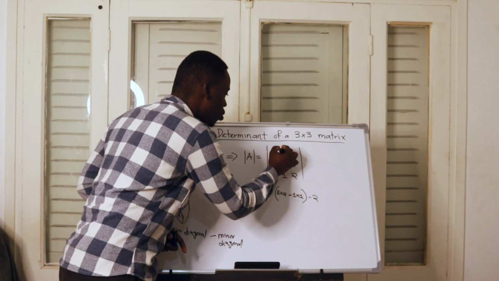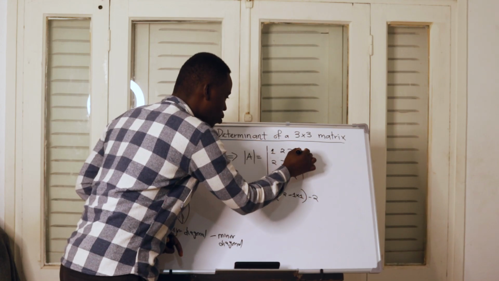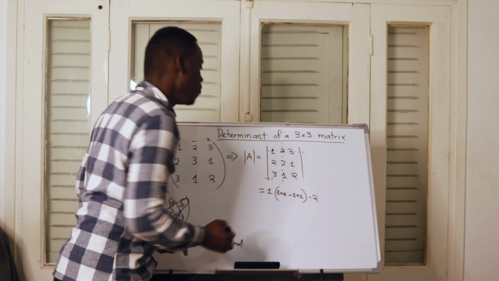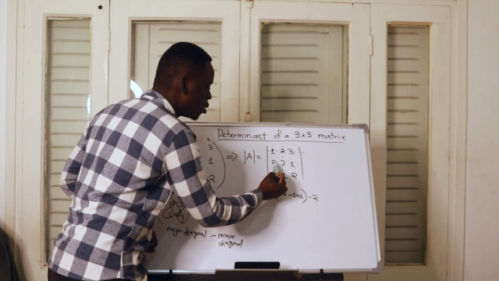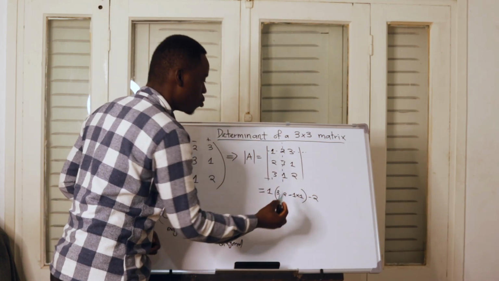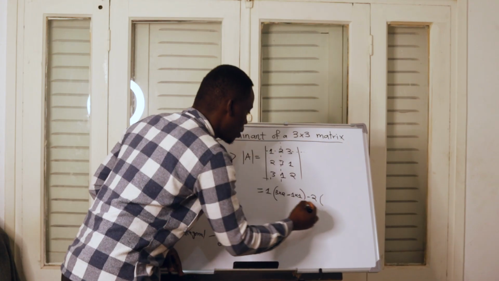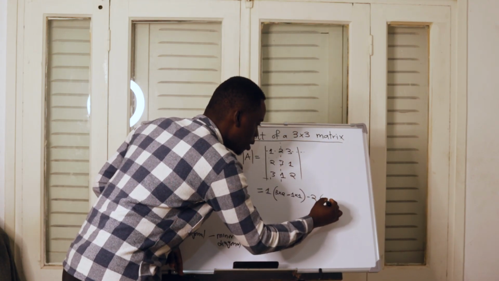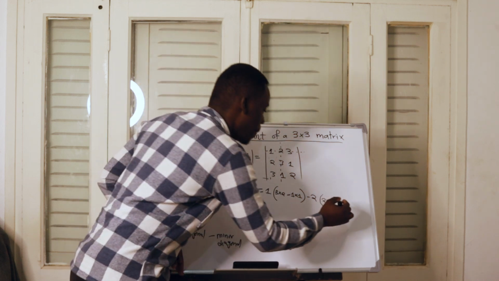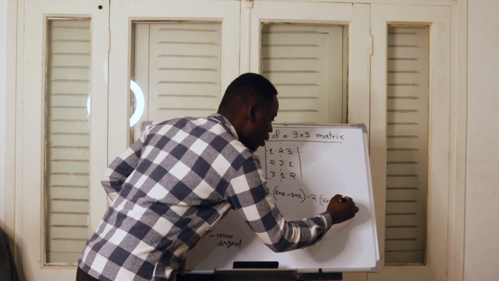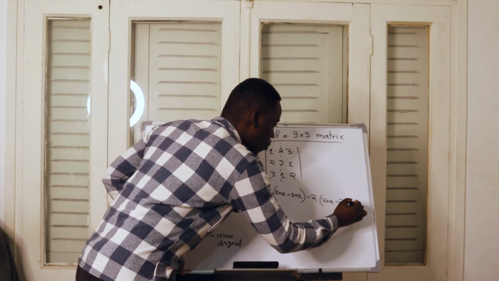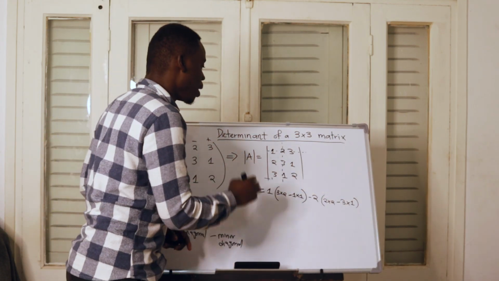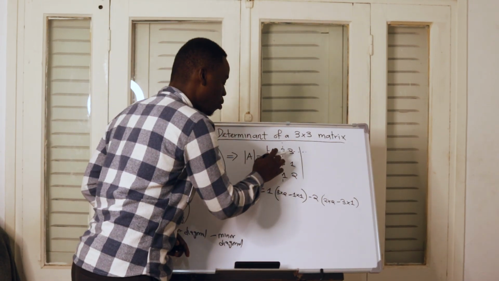So when I cancel out this row where our 2 is, and cancel out this column, you realize you're going to remain with this 2, this 1, this 3, and this 2. So I'm going to open the brackets and say 2 times 2, minus 3 times 1. Remember, these are our cofactors and we've made a 2 by 2 matrix. Then the last part, which we're going to remain with, is 3.